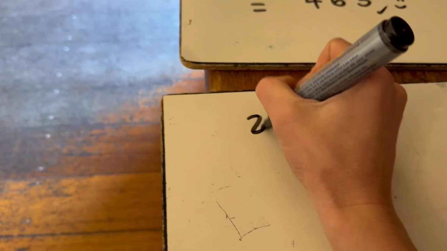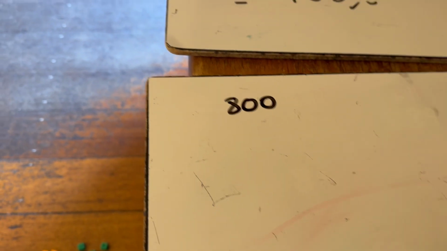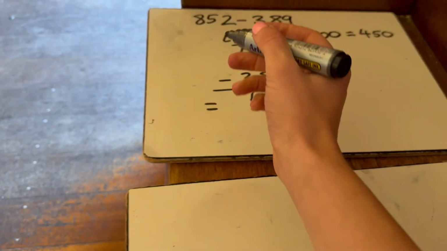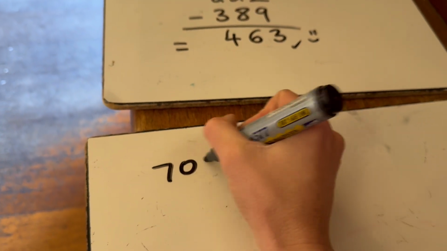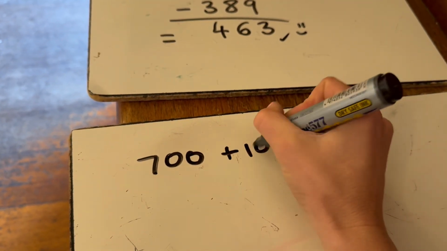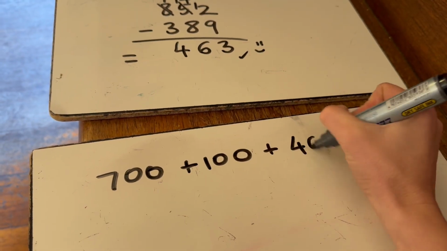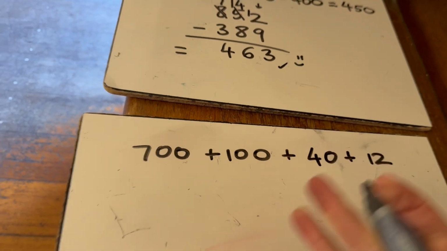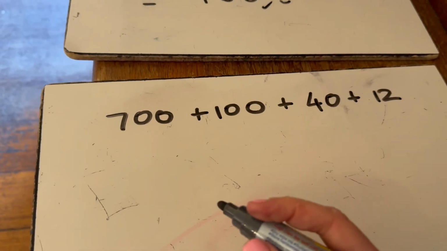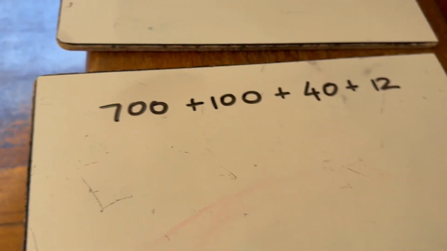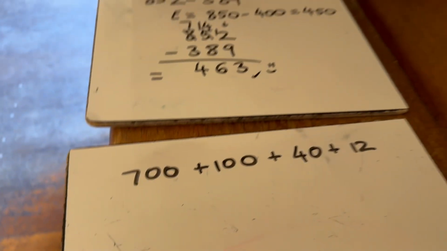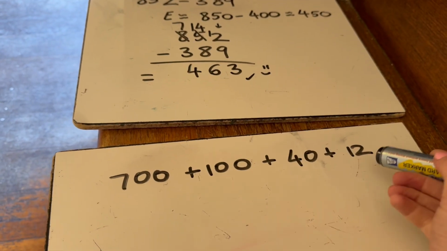So that would be 800. You might break it up though, the 852 into 700 and 100, and let's break it into 40 and 12. Sort of how we set it up there, where 100 was made of 10 tens and one of the tens was made of 10 ones. And then once you've broken it up in a flexible way like that, it still makes 852.